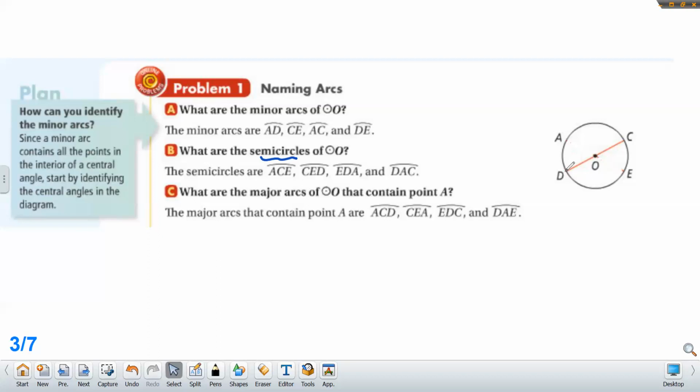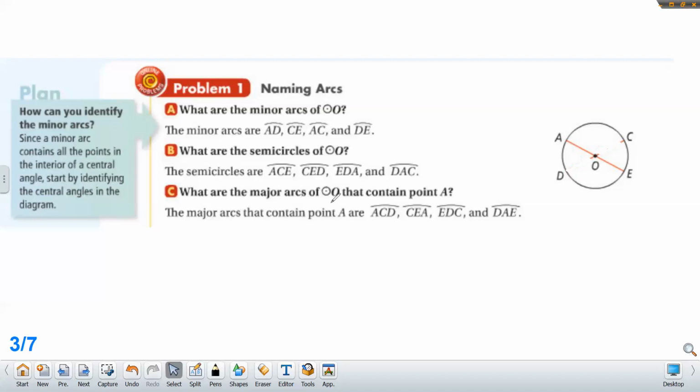I can say that CAD is one of the semicircles, and DEC is another semicircle. Now I hide this one instead, obtaining another two semicircles: ACE is one semicircle, and ADE is another semicircle.